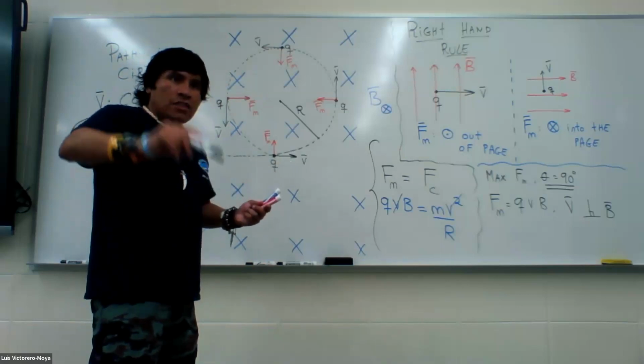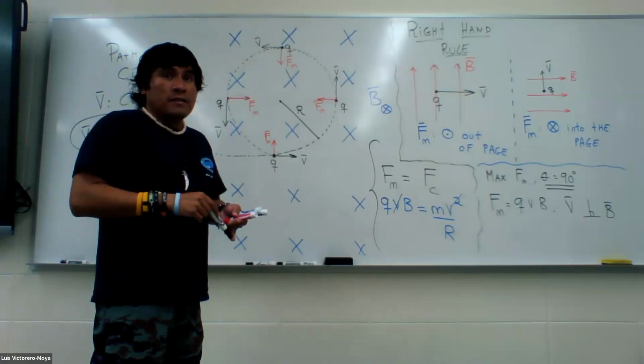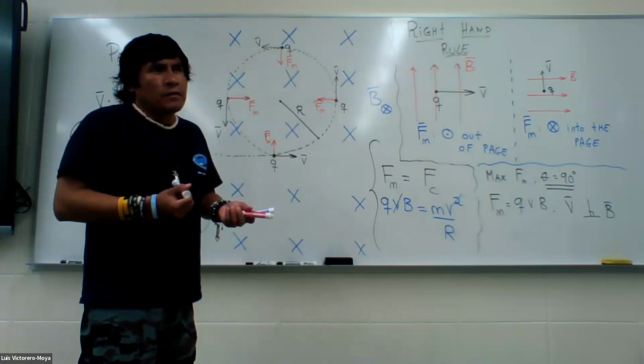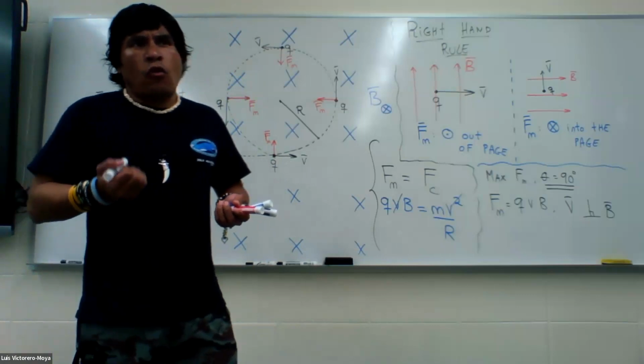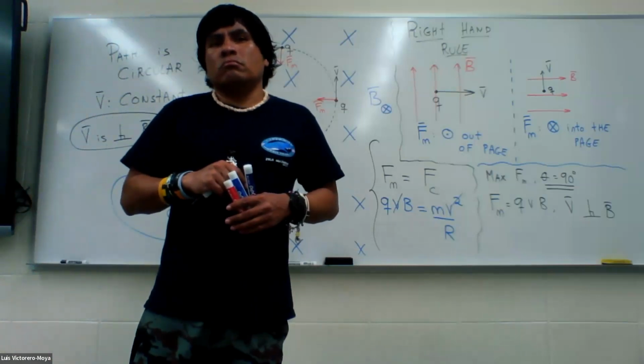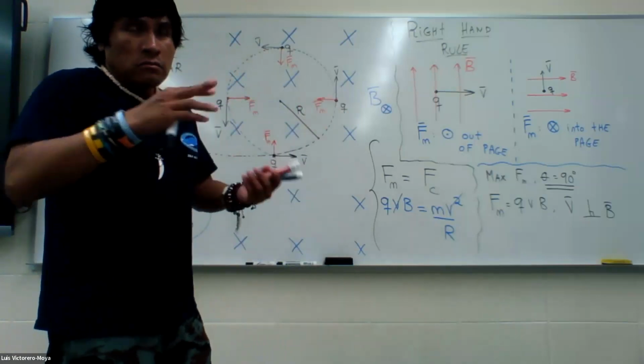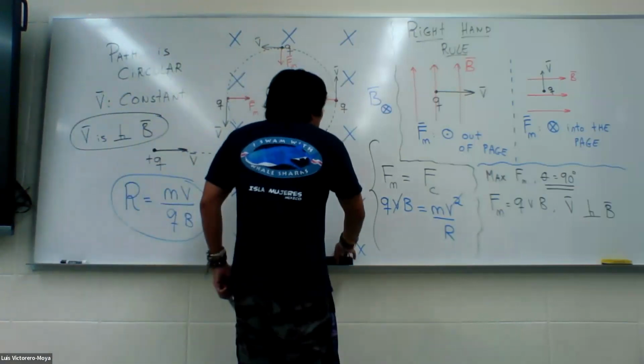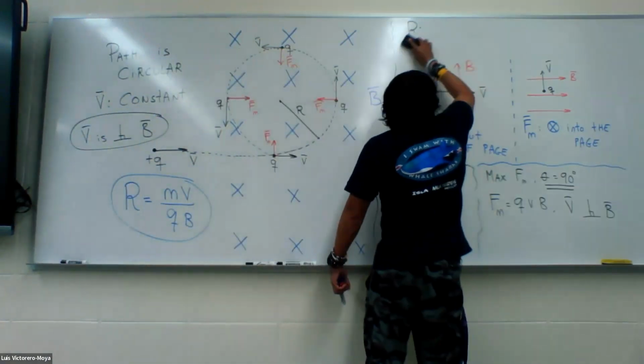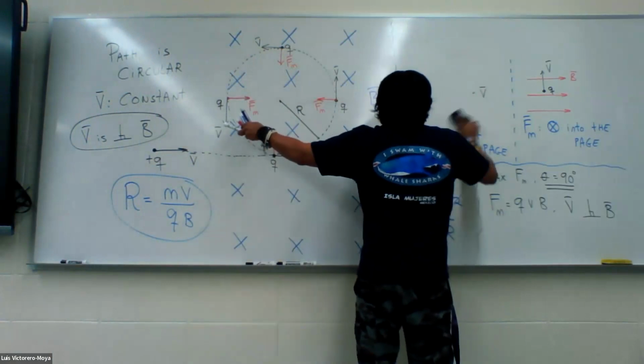It is the length of the path divided by the speed. The period is defined as the time for one revolution. 2 pi over omega. Pretty sure you saw that equation. But we can define it by using this equation for radius.